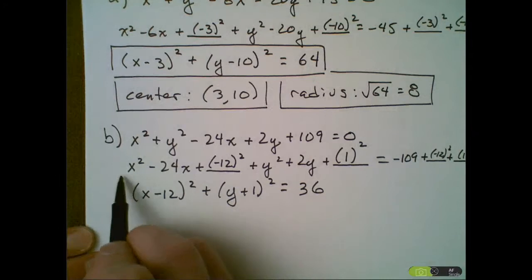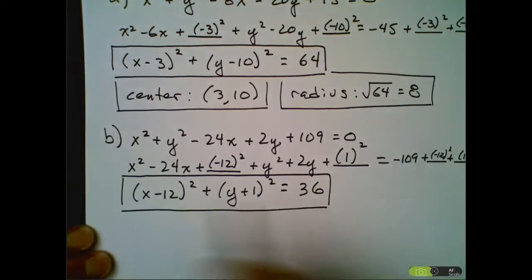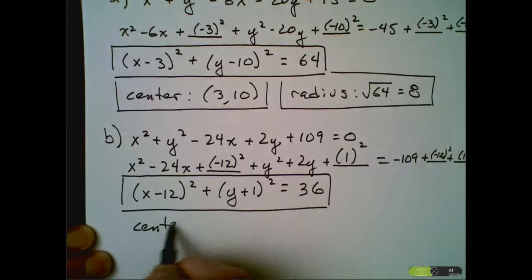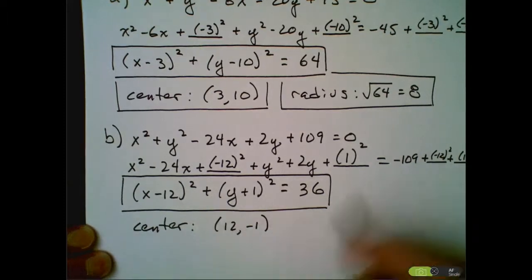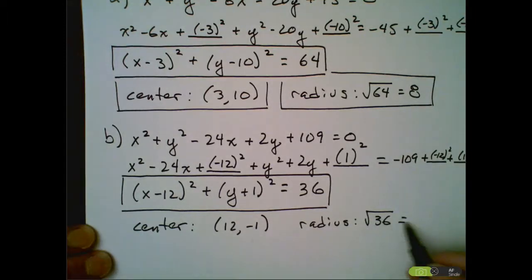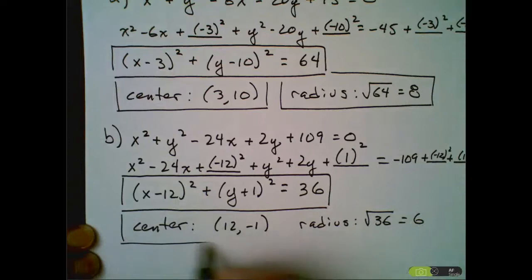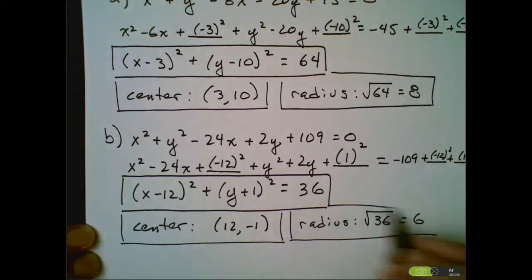So there we've got the standard form, and from the standard form I can find the center, which is going to be (12, negative 1), and I can find the radius, which is going to be the square root of 36, which is just 6. So there's our center, there's our radius.